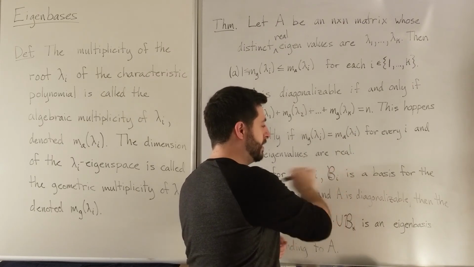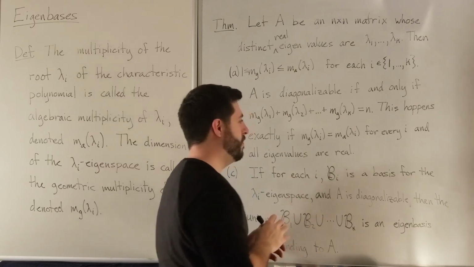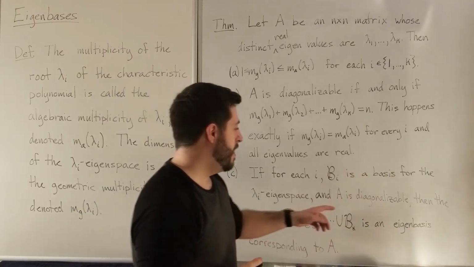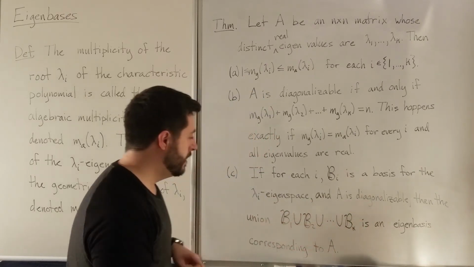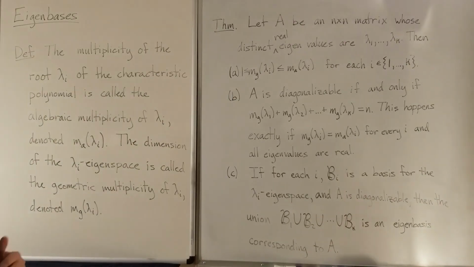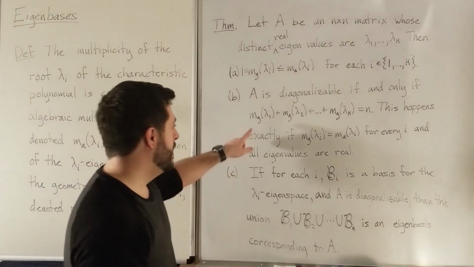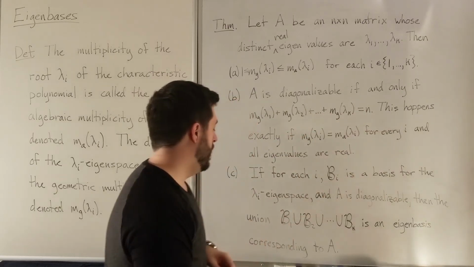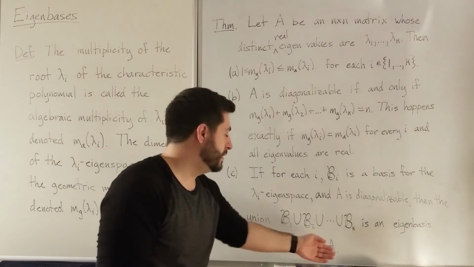So if all of these have the correct size, and we only have real eigenvalues, we don't have any complex eigenvalues, then the union of all of these bases for our lambda I eigenspaces is an eigenbasis. And it will have the correct size because the sum of the dimensions of all these things will be n, and that'll be an eigenbasis corresponding specifically to A.